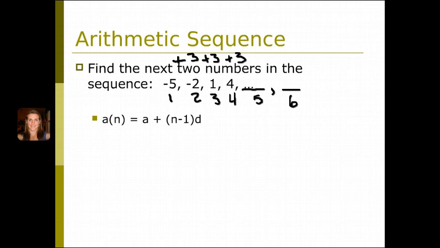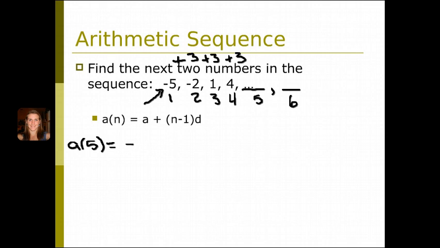If I'm looking for my fifth term, I would say a of 5 equals, and a is my first term in the sequence. Well, my first term in the sequence that they gave me is -5.